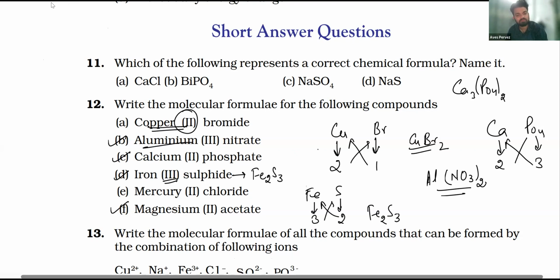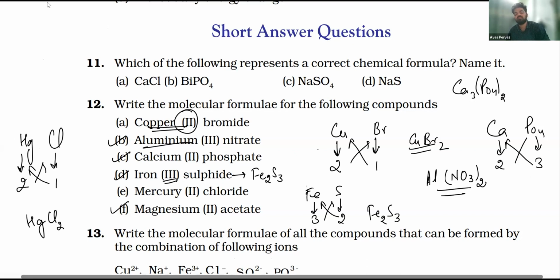Mercury chloride, HgCl2. Hg has 2 valency and the chloride ion has 1 valency, so cross multiply will be HgCl2.